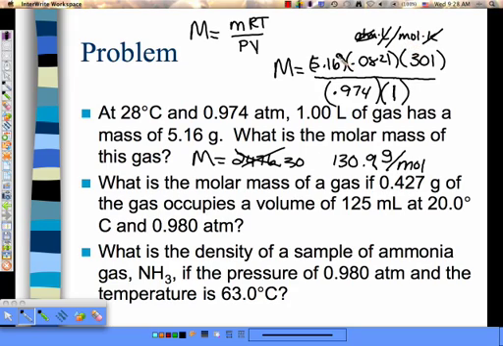And the units for 5.16 were grams, so we're left with grams per mole as our units. So the mass of the gas always has to be in grams too. If they give you moles, you can use PV equals nRT, or you can convert that into grams and then use this equation, depending on what you need.